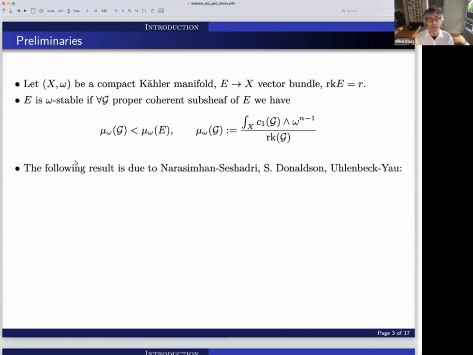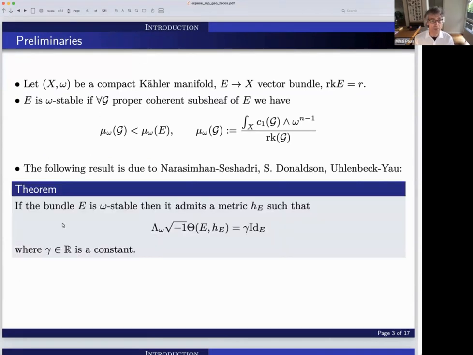And then in this context, there is a very famous result due to Narasimhan-Seshadri in dimension 1, and then successively by Simon Donaldson and Uhlenbeck-Yau, saying the following. Now, if the bundle is stable, then there is a very nice Hermitian counterpart. So there is a Hermitian metric on E, such that the contraction of the curvature form is simply a multiple of the identity.